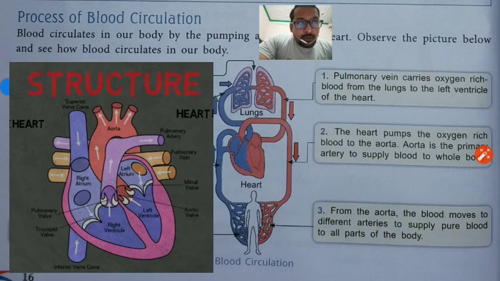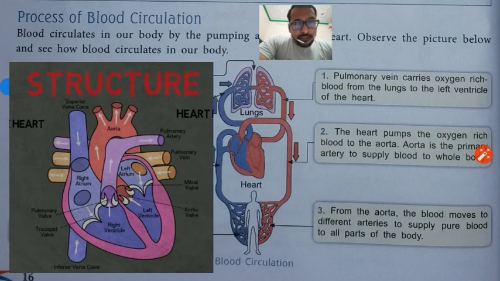Then from the aorta the blood moves to different arteries to supply pure blood, which is oxygenated blood, to all parts of the body. As you know, every cell needs oxygen, and it burns oxygen, and when the cell burns, it gives out carbon dioxide.